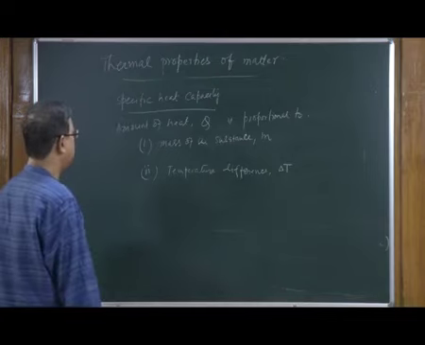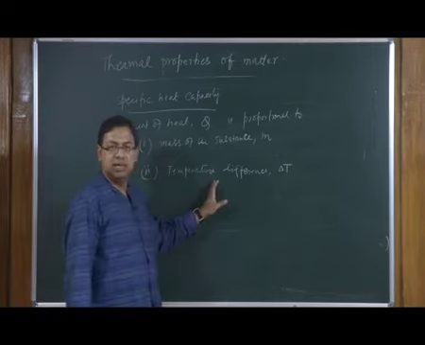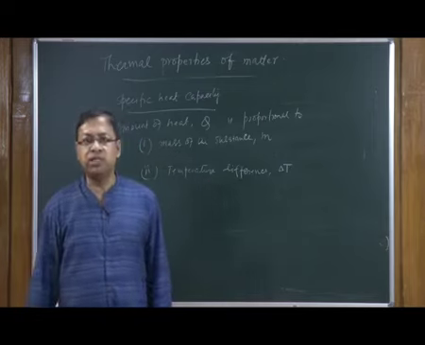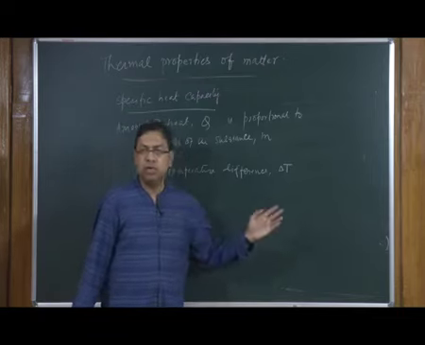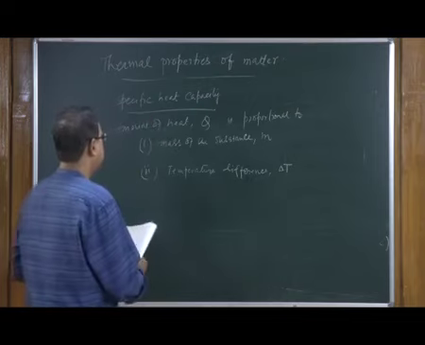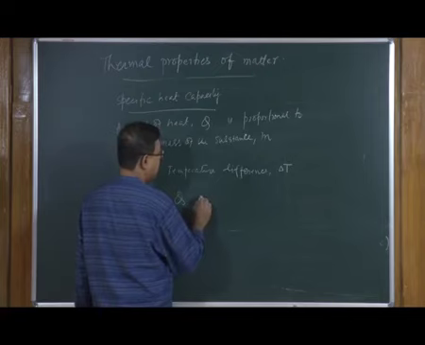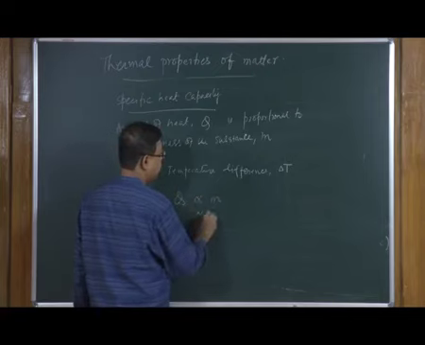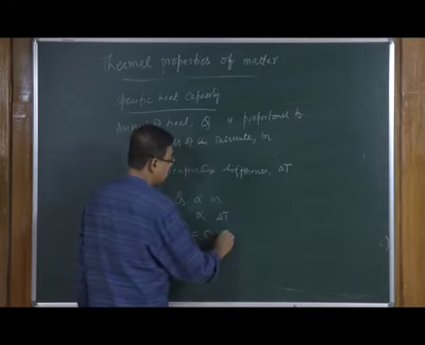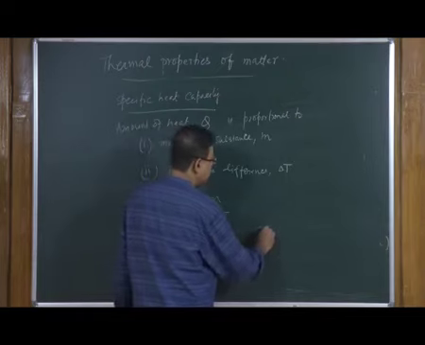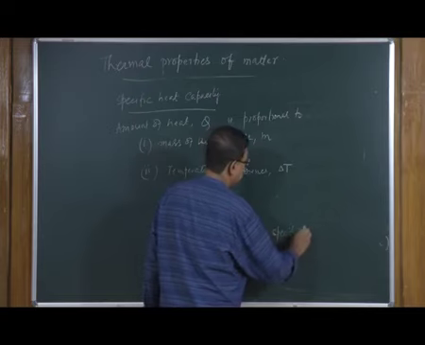So, Q is proportional to m and delta T. Delta T, as you understand, is T2 minus T1, where T2 is the final temperature and T1 is the initial temperature. So, Q can be written as proportional to m and proportional to delta T. So, Q is equal to C m delta T, where C is the proportionality constant and is called the specific heat capacity.